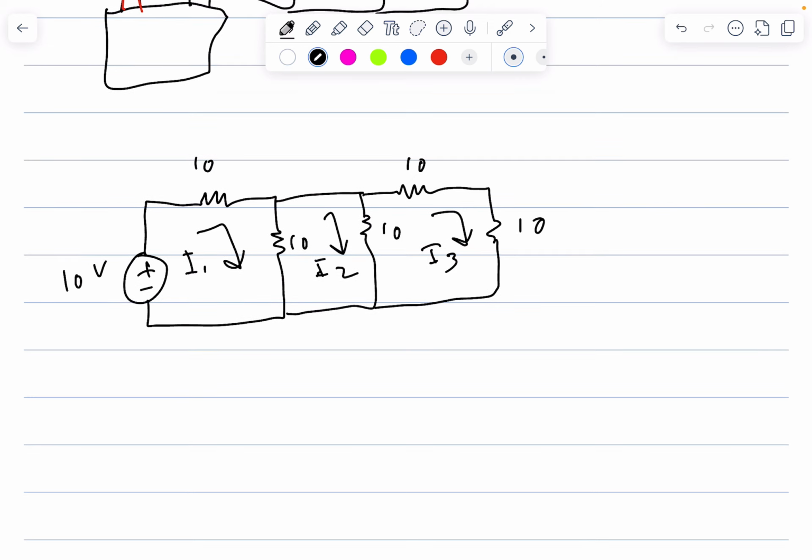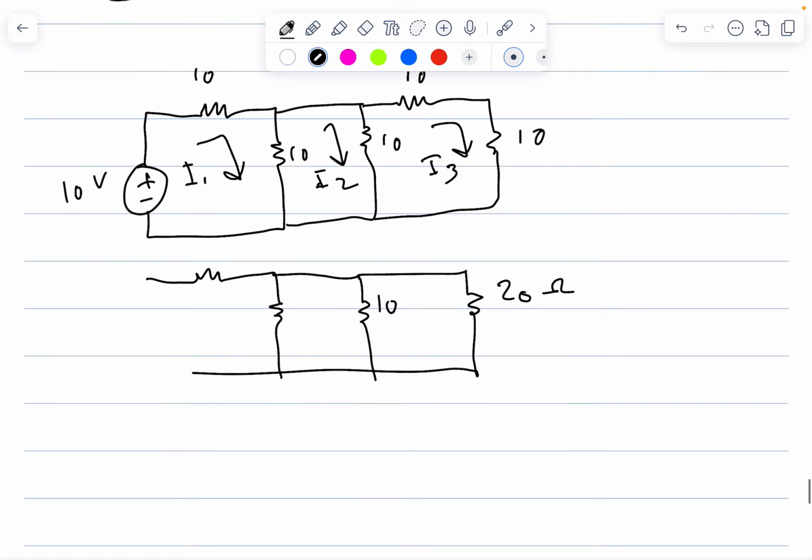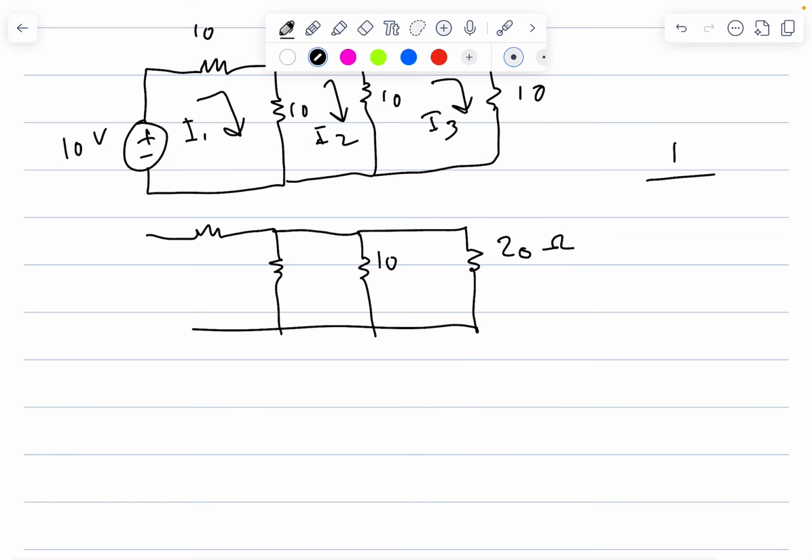So this I3 is in series, right? So I'm going to redraw it. And this one is 20 ohms because 10 plus 10. But now this is in parallel with 10. So 1 over 1 over 20 plus 1 over 10 is 20 over 3, right?